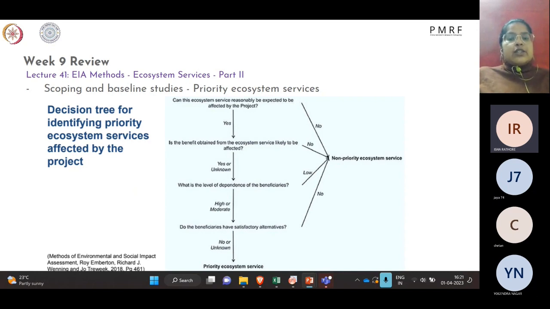If yes, then you move on to the level of dependence of the beneficiaries on this ecosystem service. If it's high or moderate, then you consider if the beneficiaries have any secondary or satisfactory alternative. If they do not have this, then it is a priority ecosystem service, like in the example we discussed previously.